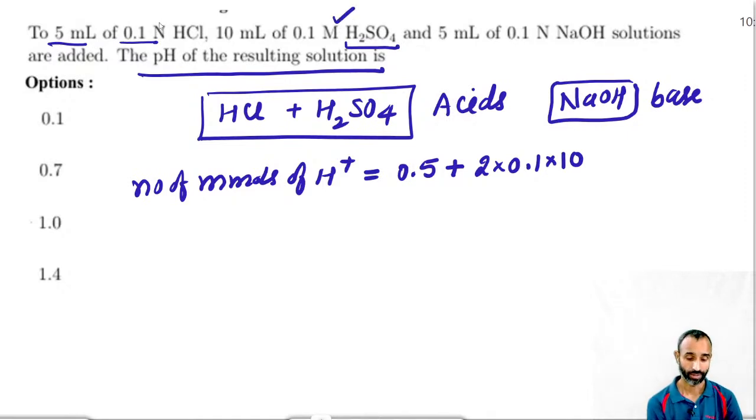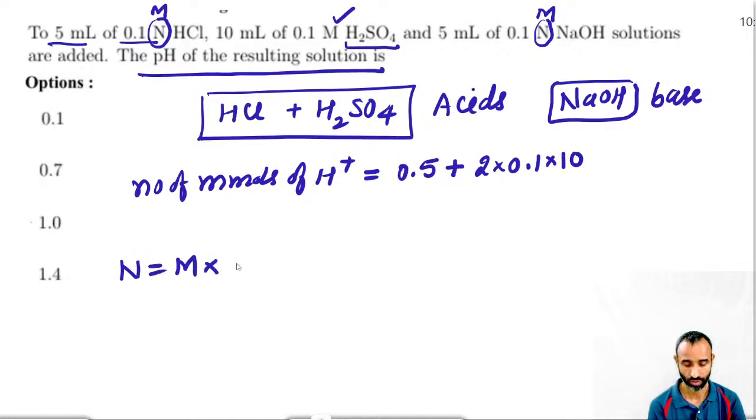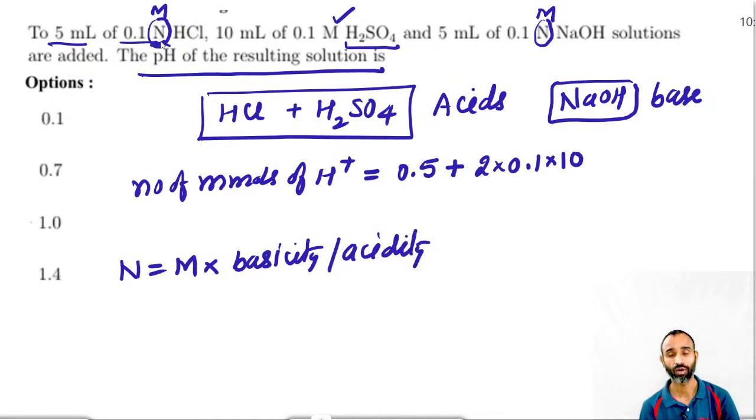See, this is normal. So obviously normality is equal to molarity into basicity or acidity. So what is the basicity of HCl? 1. Acidity of NaOH? 1.